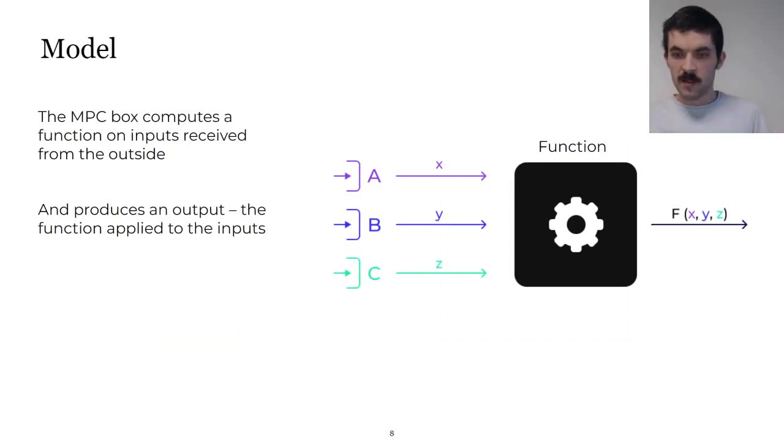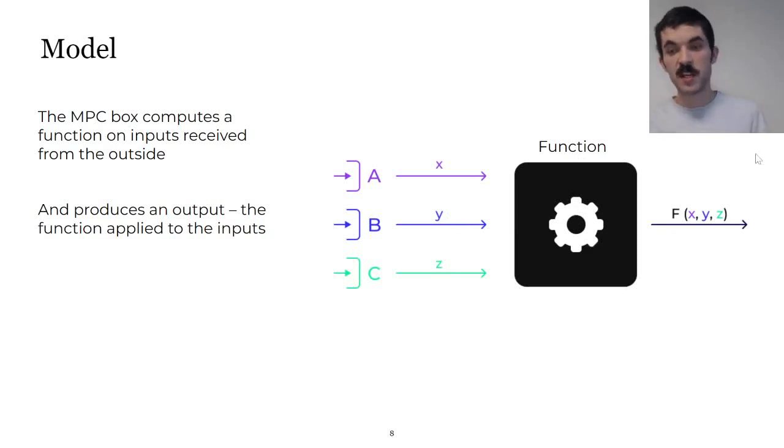Okay, so this black box, a bit more concretely, computes a function on some inputs. We can imagine that people can talk with this box by sending some private inputs. You have A here in this model. A inputs a value X, B inputs a value Y, C inputs a value Z, into this box that has some function encoded in it.